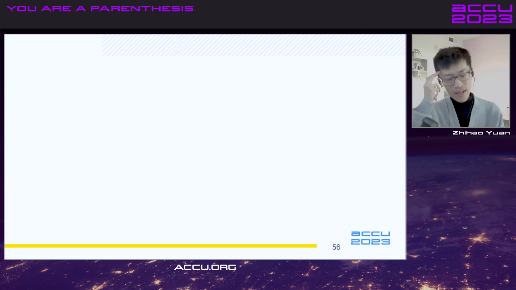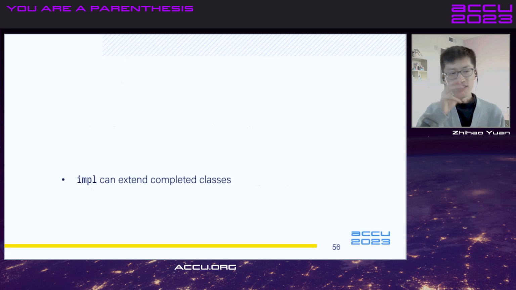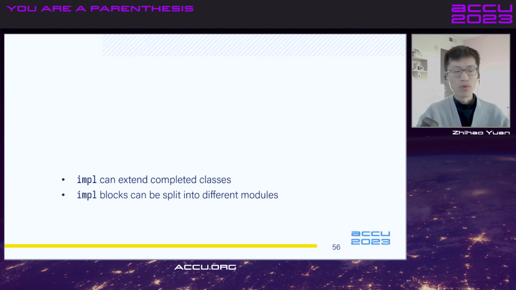After we learned this, and we take the aspect that the trait is some kind of an interface, then the question becomes interesting. We know for a fact that impl can extend concrete classes, and impl blocks can be split into different modules.